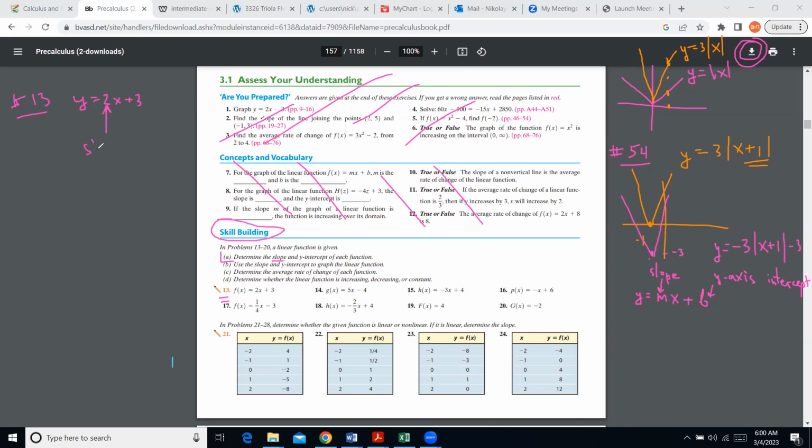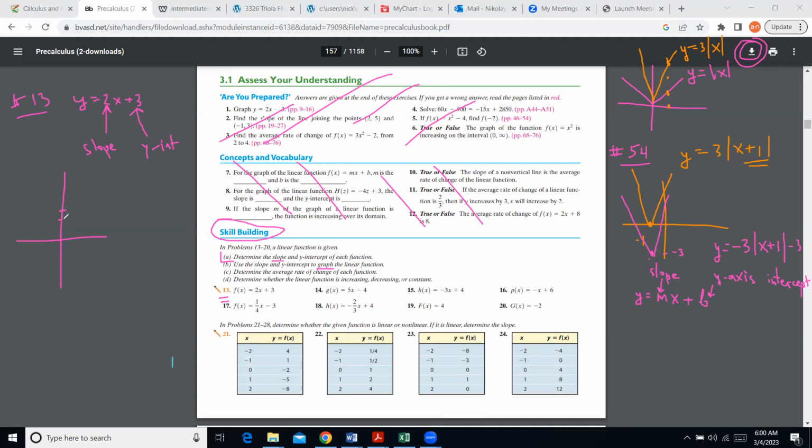From the formula that we just considered, whatever is multiplied by x is called the slope. Another part of this question is asking about the y-axis intercept, and this is the number +3. So this enables us to graph the function, the line, and that's part B of this exercise.